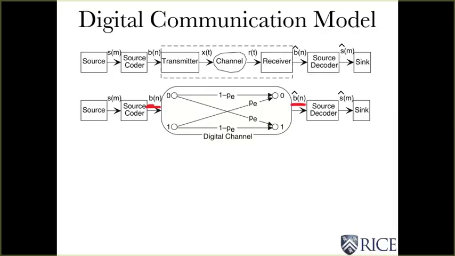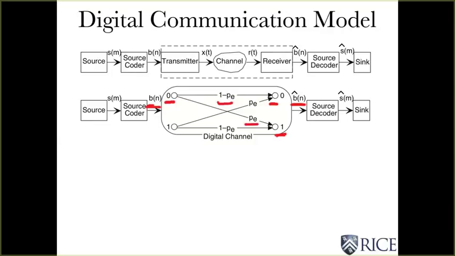And this little X-shaped thing is called a transition diagram, which describes how the errors can occur. So you start with a 0, you send a 0, what this diagram says is that it will come out as 0 with probability 1 minus PE, and an error will be created with probability PE.